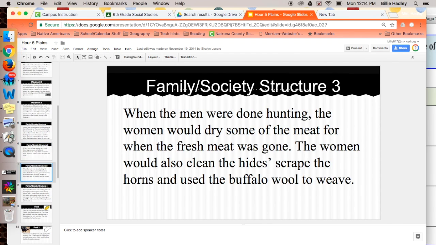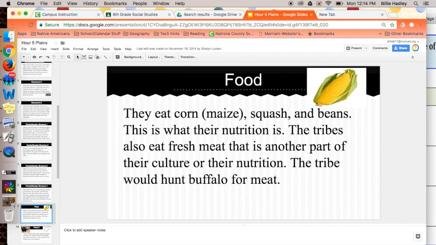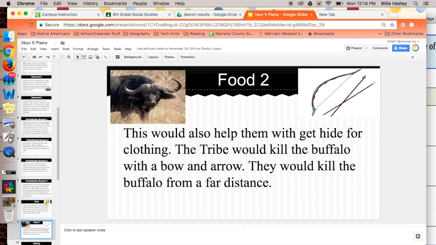They could set a ring of fire and stampede them off of cliffs. Clean the hides and use the buffalo tool. Corn, hunt buffalo for meat. And the hide for clothing.